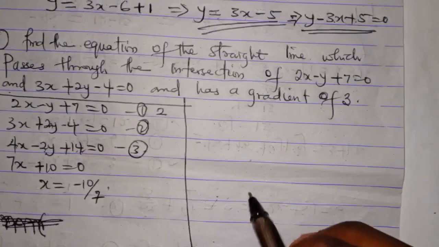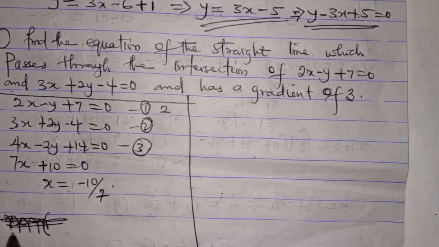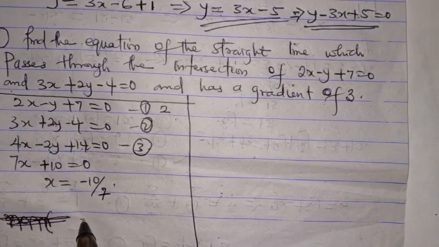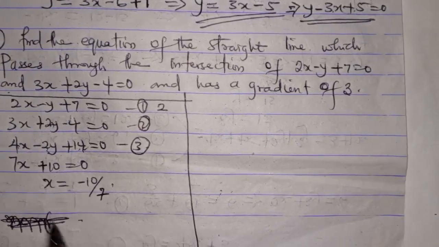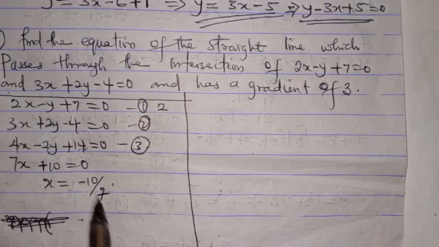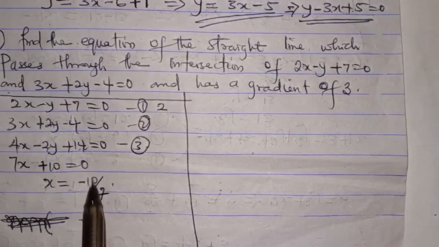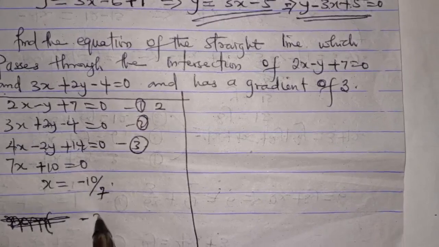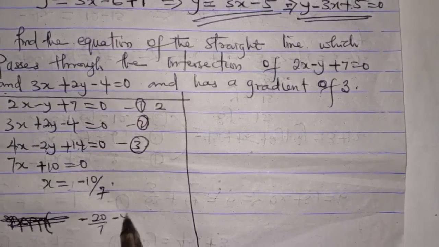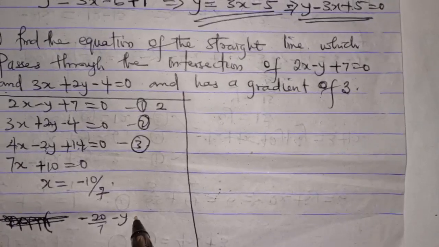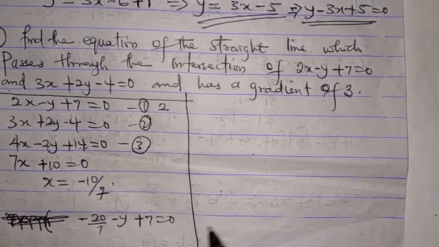So let's plug in the value of x into, let's say, equation 1. I'll be writing x here, that's minus 10 over 7. So 2 times minus 10 over 7 is minus 20 over 7, minus y plus 7 equal to 0.